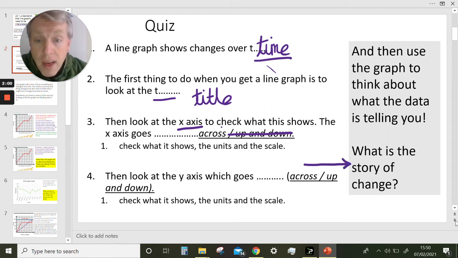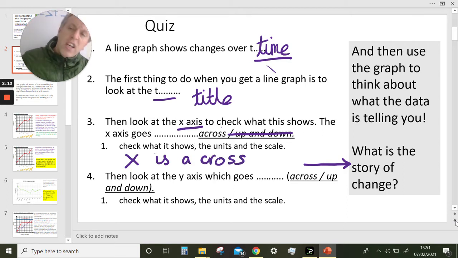I always remember that because the letter X is a cross shape, isn't it? It's two lines that cross each other. So the x-axis is that axis going across. Then look at the y-axis. Does it go across or up and down?